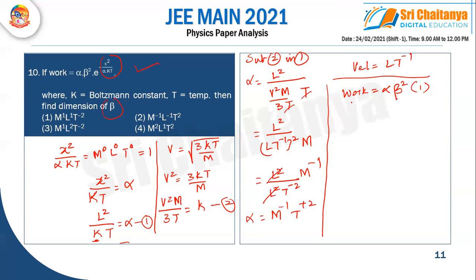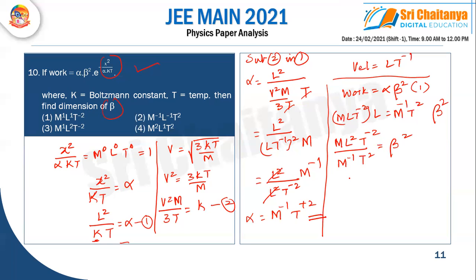So I have work is force into displacement, and force is M L T minus 2, and the displacement is L, is equal to alpha we have found here, M minus 1 and T raised to the power of 2, and beta square we need to find. Now M L square T minus 2 by M inverse T square is equal to beta square.